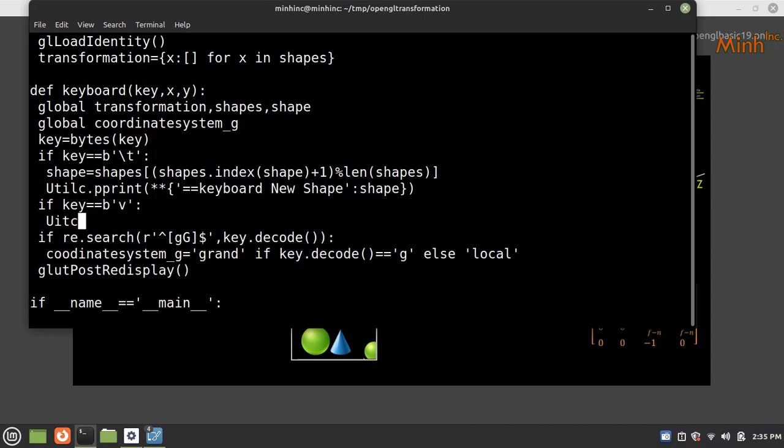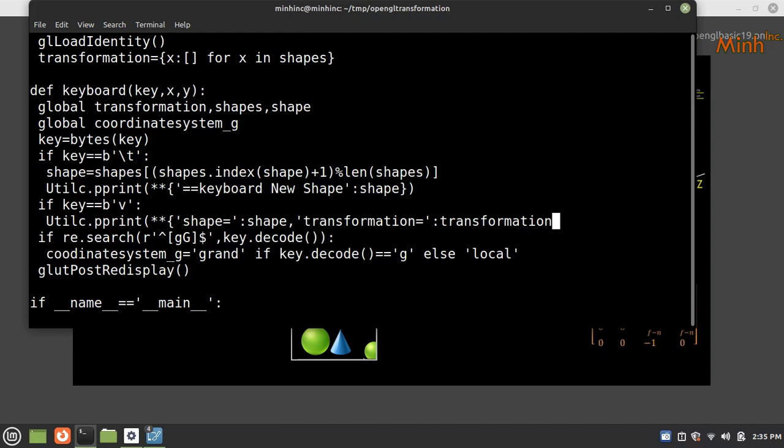So util C dot pretty print, and in pretty print will print like shape equal to shape, transformation equal to transformation.